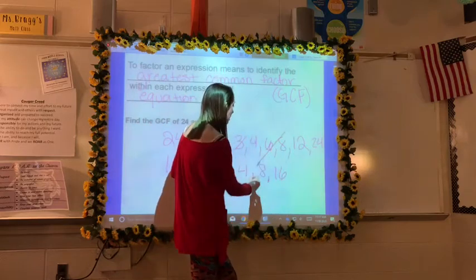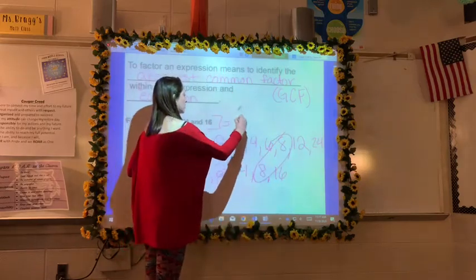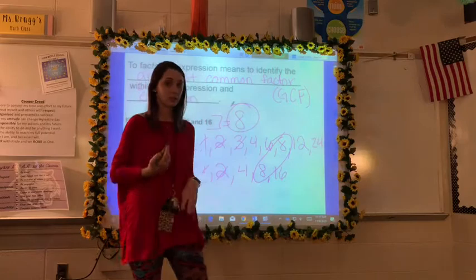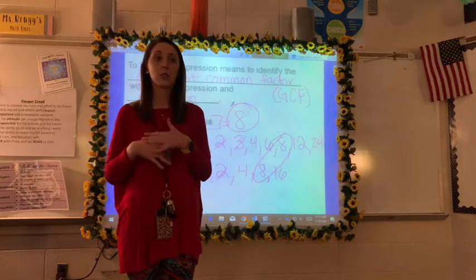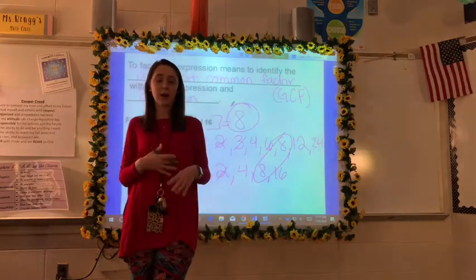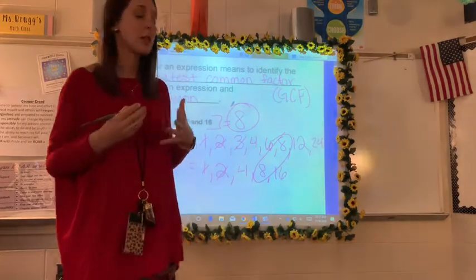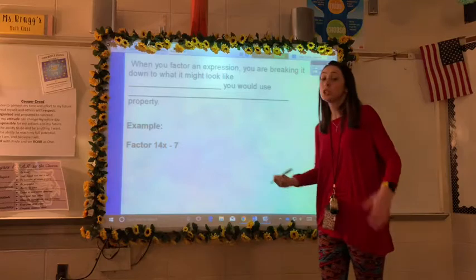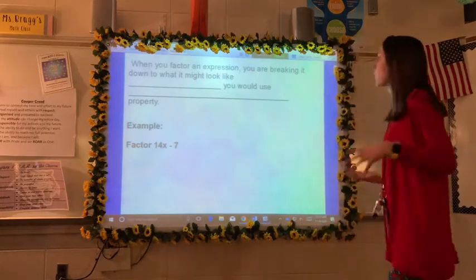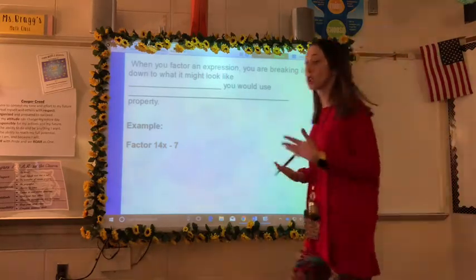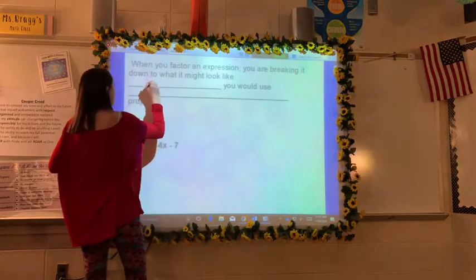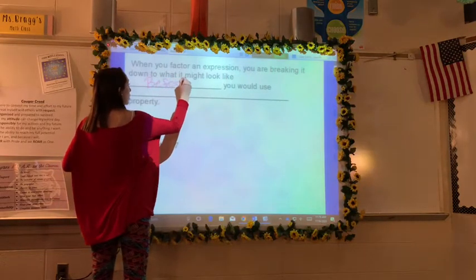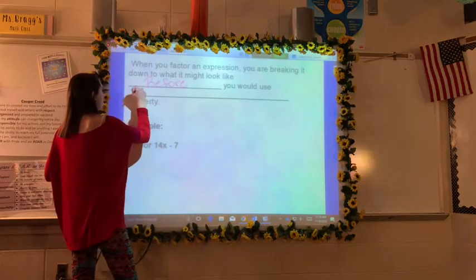So we know our greatest common factor of 24 and 16 is 8. Okay? So like I said, hopefully this is kind of refreshing in your mind and you're remembering those factoring rules. All right, so when you factor an expression, you are breaking it down to what it might look like before you would use the distributive property.